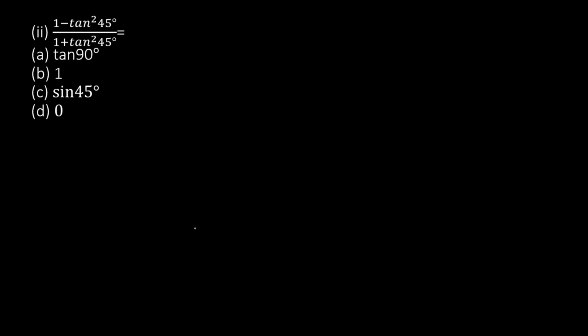Now let's move ahead. Second one: 1 minus tan square 45 upon 1 plus tan square 45. Now what is the value of tan 45? It is 1. We will do the square of 1, it will be 1.